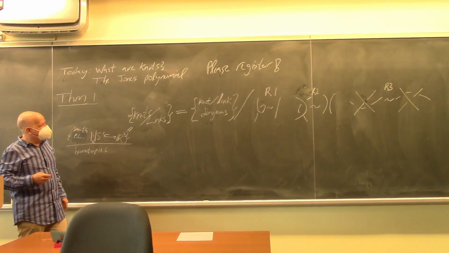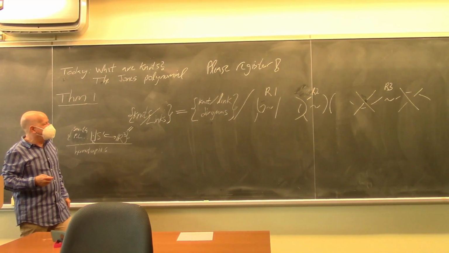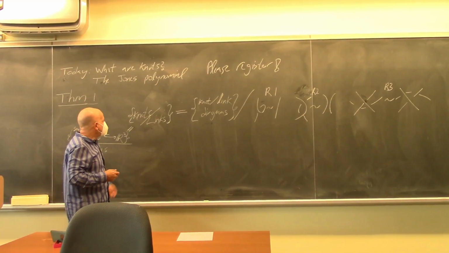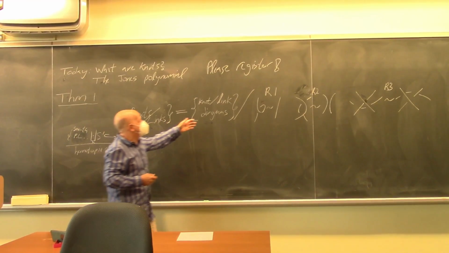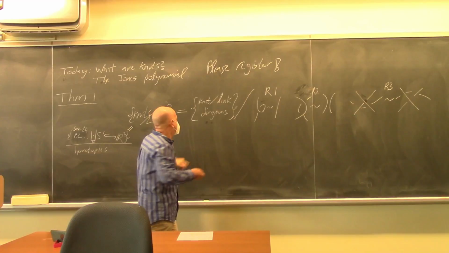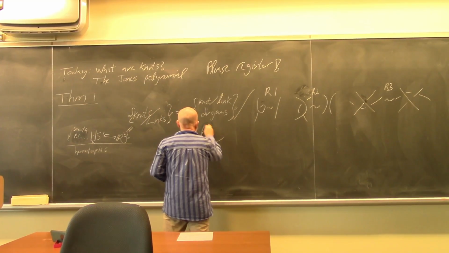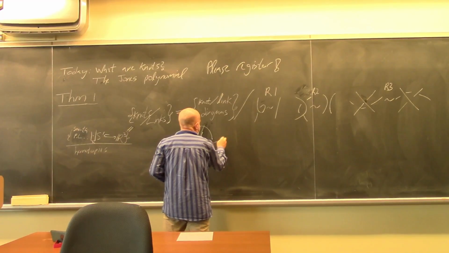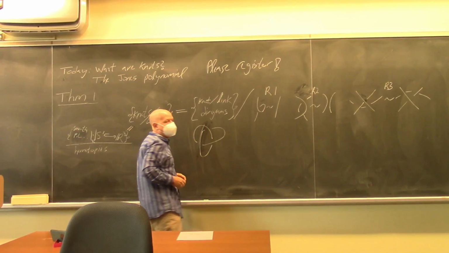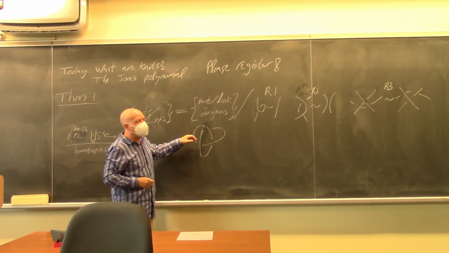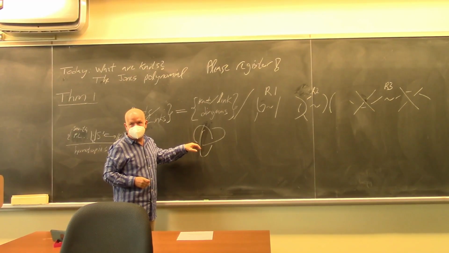Okay, then comes the second point, which is that knots can be represented by knot or link diagrams. So what are knot or link diagrams? These are pictures like the pictures I've shown last time and like I've drawn, basically a picture like this. So this is a picture in the plane.